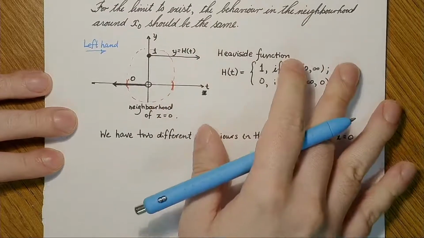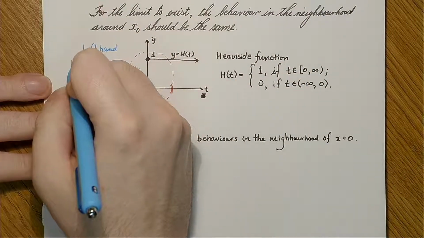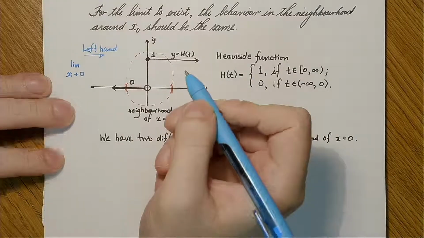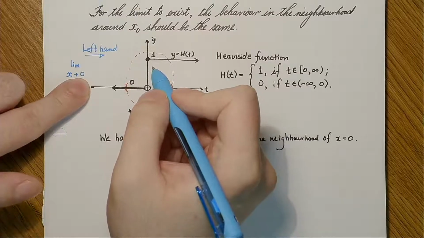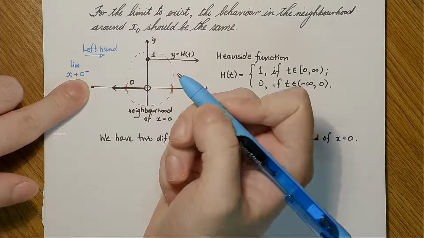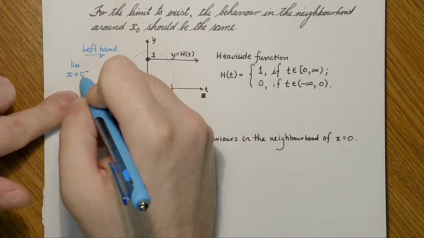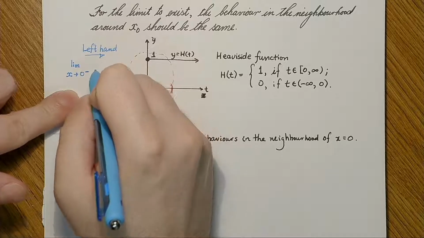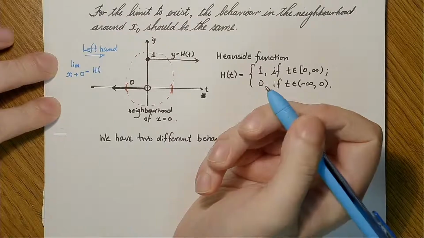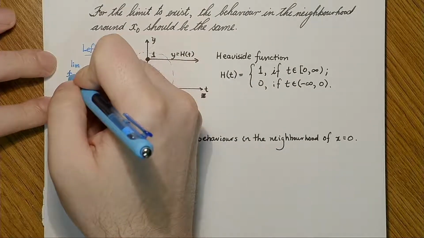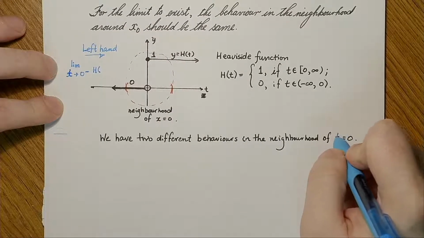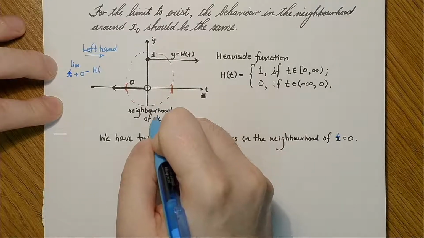We write the notation, the limit as x goes to 0, and by 0, we have a left and a right-hand side. For the left side, we use a minus. So the limit as x goes to 0 from the left-hand side of the Heaviside function. Oh, maybe I should be using t, because the Heaviside function is using t.